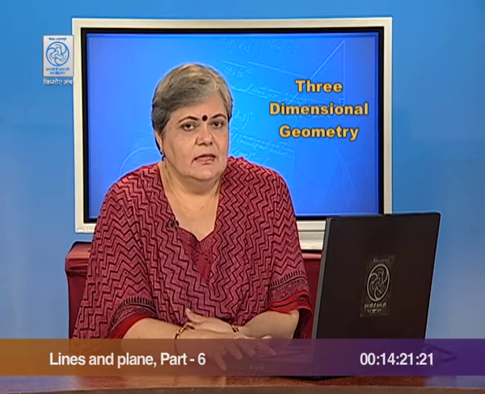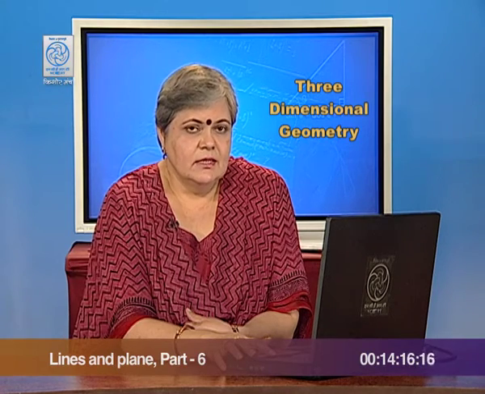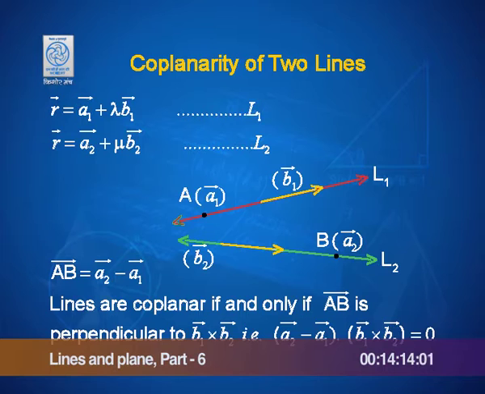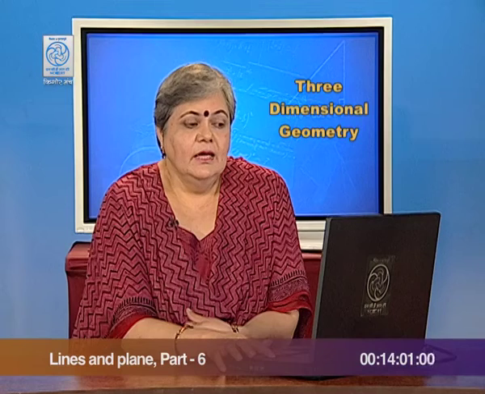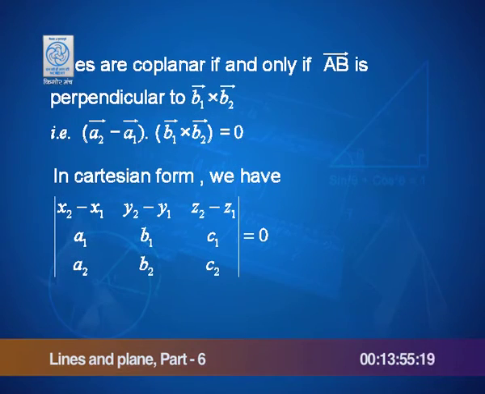And that exactly is the condition for coplanarity of two lines: vector A2 minus vector A1 dot B1 cross B2 equal to 0 implies that the two lines are coplanar. In Cartesian form, the same condition translates to the determinant with first row x2 minus x1, y2 minus y1, z2 minus z1, second row a1, b1, c1, third row a2, b2, c2.